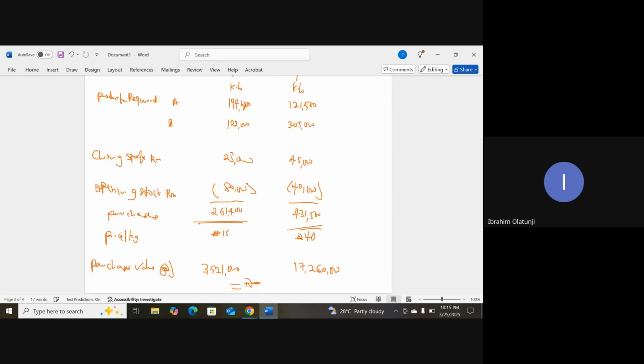So total means you have to add the two of them. That's the meaning of the total. Let's assume you want to get the total of it, you just add the two together and get your total.